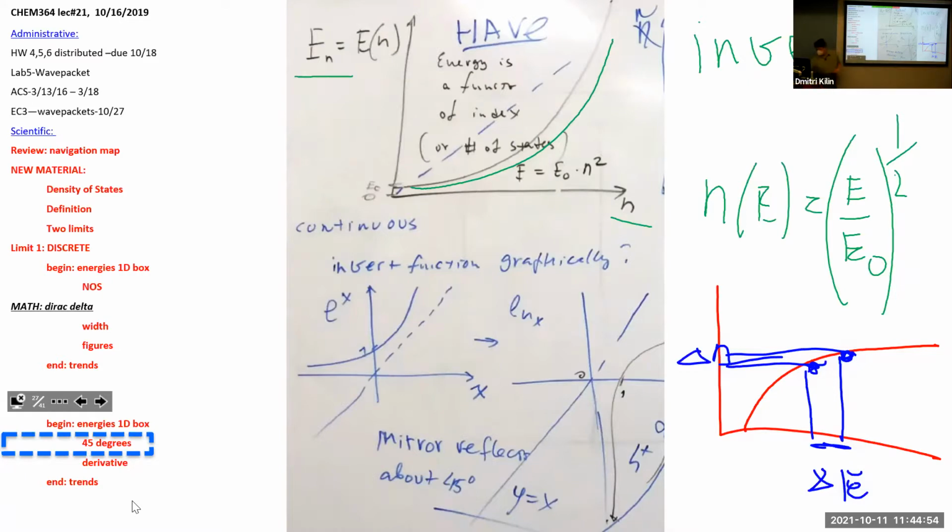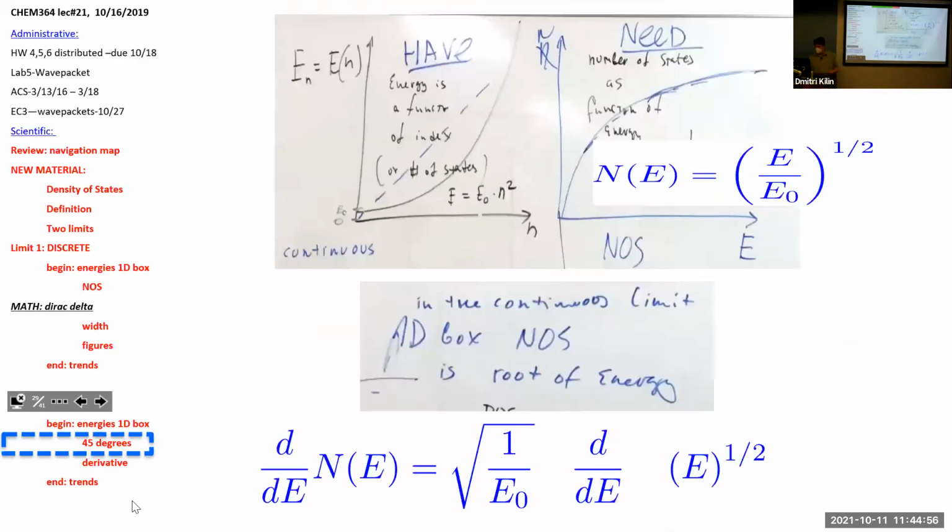So we just practiced the definition of the density of states, which is a derivative of number of states. And as Sibel already taught us, if you take a derivative of the square root, so when we take a derivative of a polynomial function, what happens to the power?